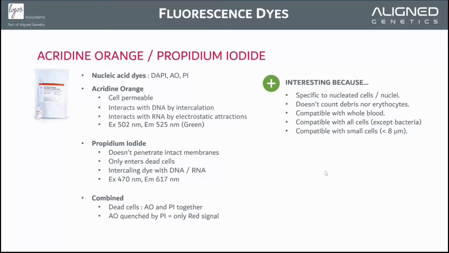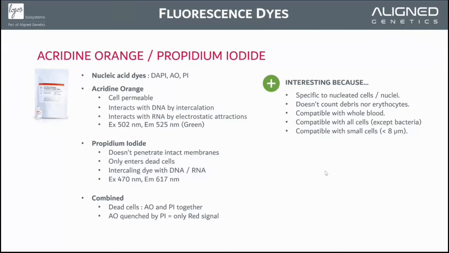So in terms of advantages, AO and PI are specific to nucleated cells, to nuclei. It doesn't count debris nor erythrocytes. It is compatible with all kinds of cells except bacteria, because this is a specific situation for bacteria, but here you can count cell lines, but also more complex samples.